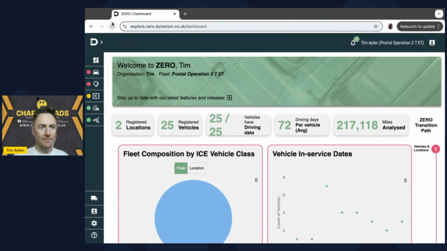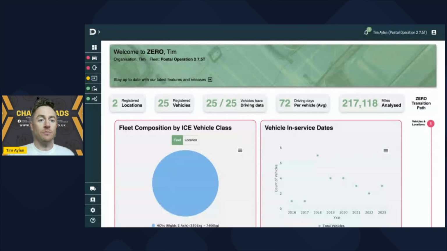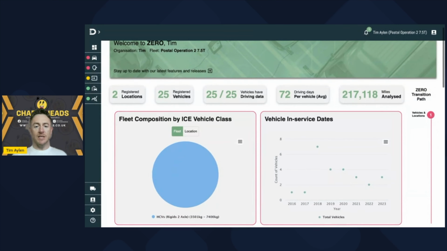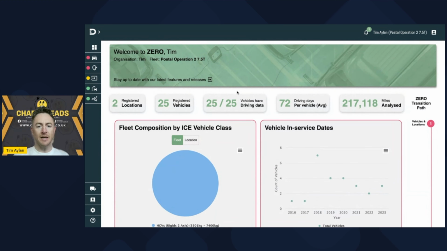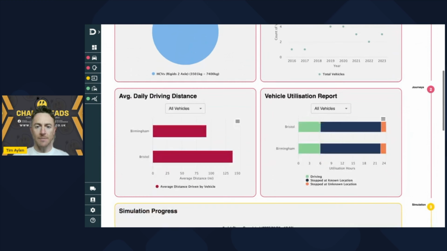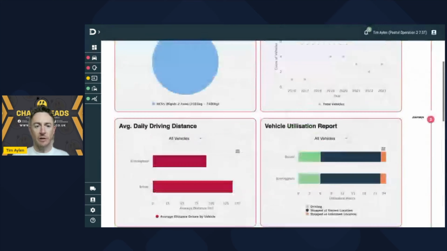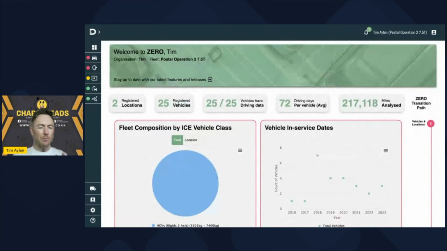So what we've got here is our Zero EV transition dashboard. This has got a few bits of information from real world data. So let me just take you through it. It might look a little bit complicated, but I'm going to take you through this and your mind will be blown.